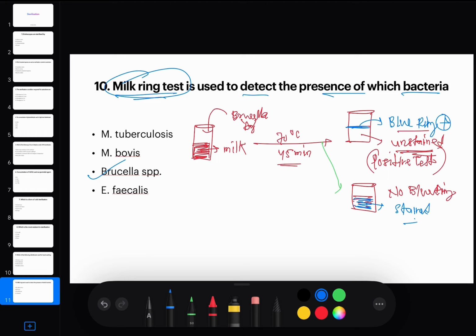This is called negative. That is, the milk does not contain the Brucella antibody. In the first case, positive means the milk contains Brucella antibody. In the negative, the milk does not contain the Brucella antibody.